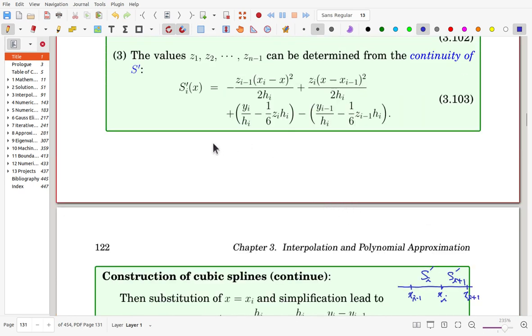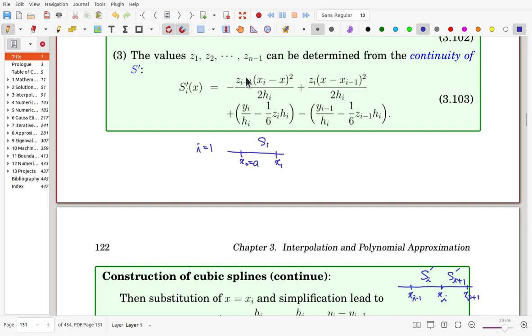Okay, for that one, already we have S_i prime. Once i is 1, then S1 is defined here from x0 to x1. That is S1. Then you can use x is x0.